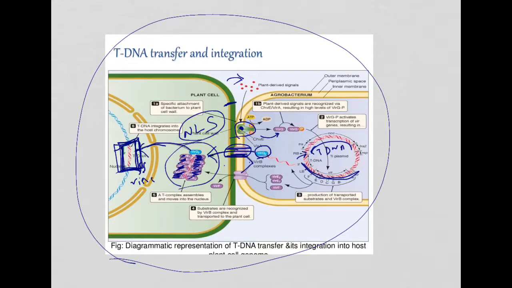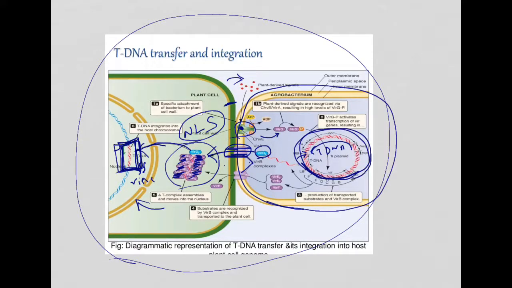So this is the overview of how Agrobacterium tumefaciens can transfer our gene of interest inside the plant cell. This plasmid DNA that we are going to use for transfer of our gene of interest will not contain the genes for formation of auxin and cytokinin.